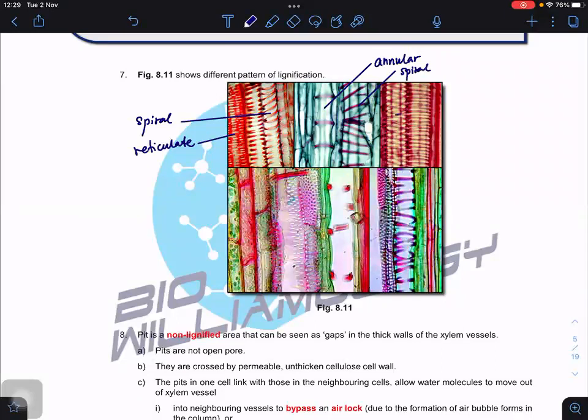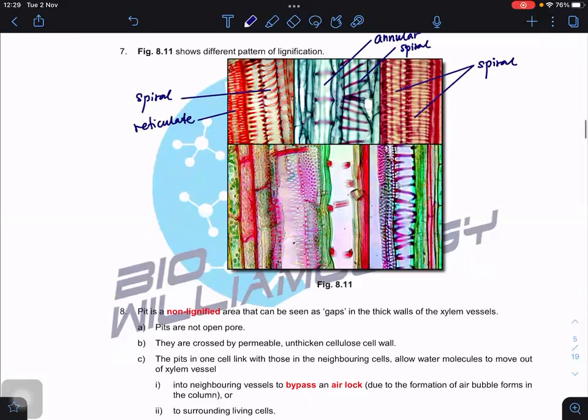Okay, so this is very clear cut spiral, both of them. Okay, how about this? So happen we cut, this is actually annular.